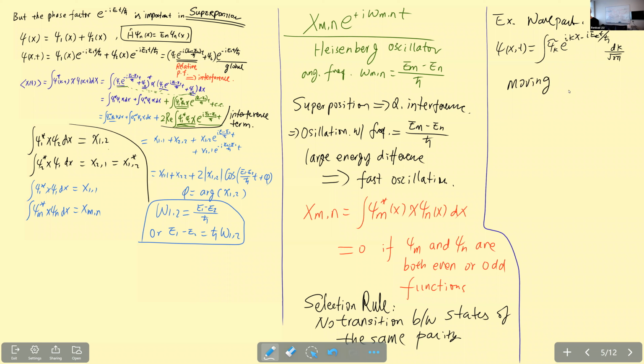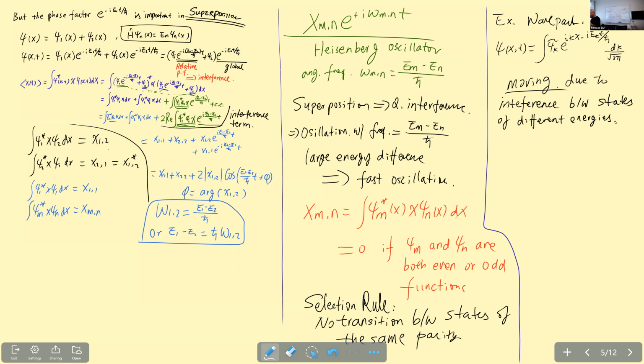So instead of oscillation, in this case this movement actually is due to interference between many states of different energies.